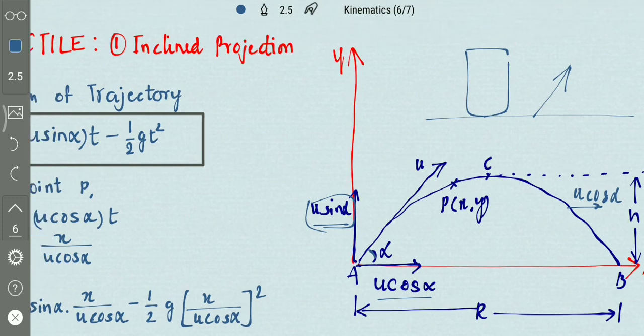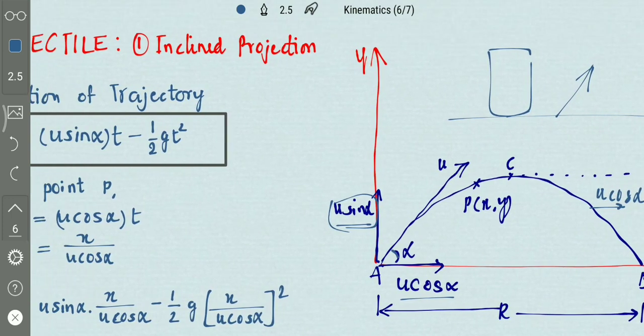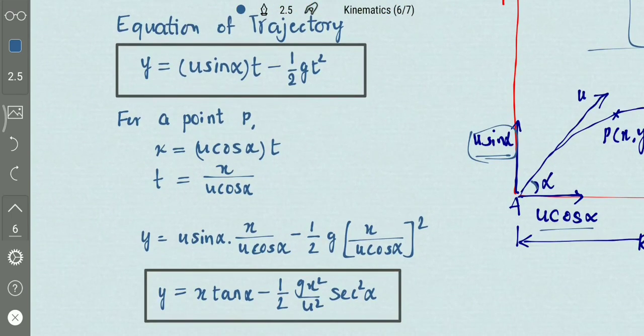So the path traced by this projectile is called trajectory. The equation of trajectory is given by, we have seen that s is equal to ut plus half at square.